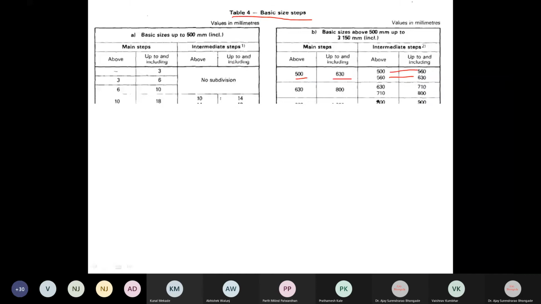So for up to 500, these are the basic steps and the subdivisions of those steps. Similarly, for above 500 up to 3150 mm, we have these steps and again these sub steps. So we can work out those sub steps, and we can work out the D that we calculated in the earlier numerical.